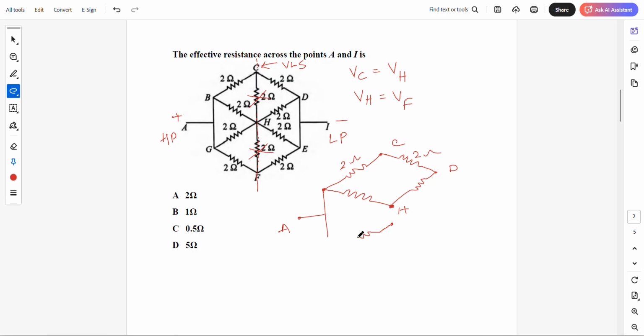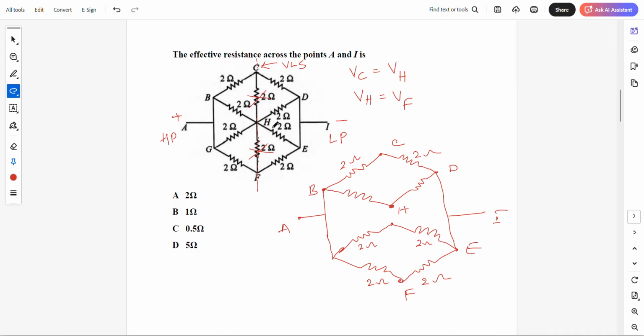This is coming to this point, right? Again this is E, and this is F, B, and this is I. This one is E. Two ohm.